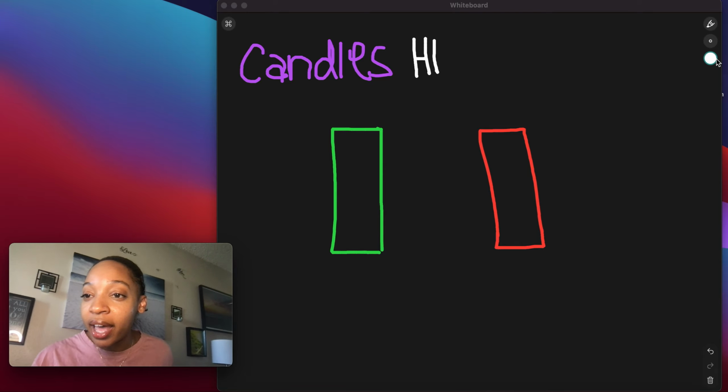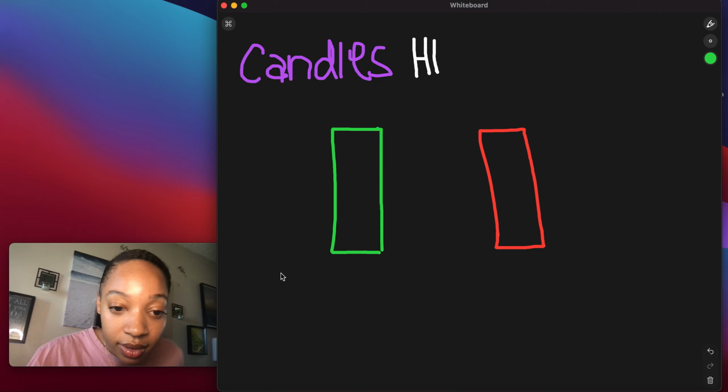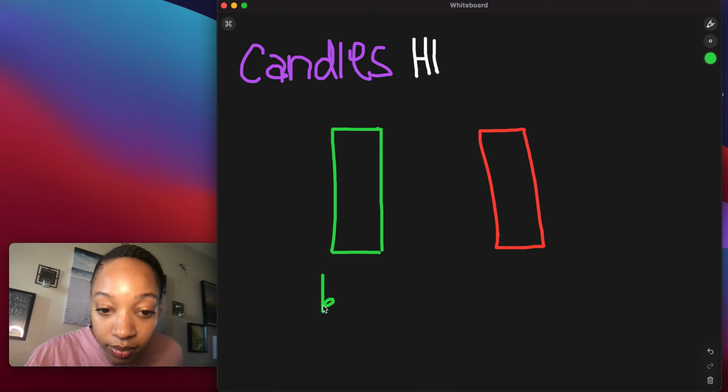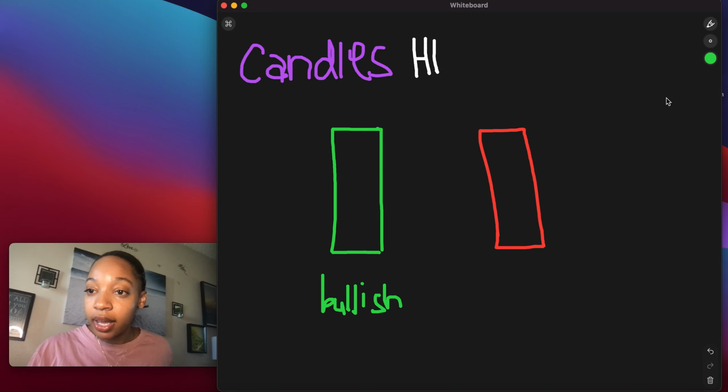So let's go ahead and clarify that and write that down. So this is a bull candle. And this is a bearish candle.